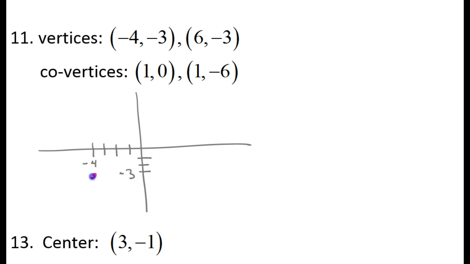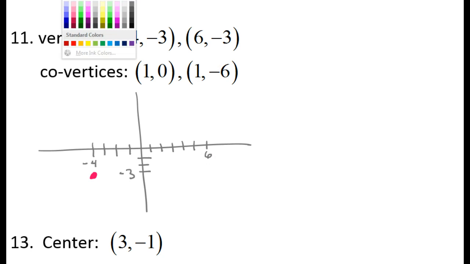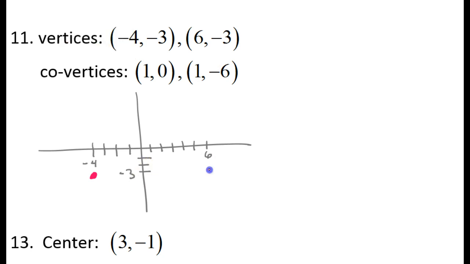So here is a vertex. And then 6, comma, -3. Okay, so 6, comma, -3 is right here. These are the vertices. So these are at the ends of a horizontal ellipse.